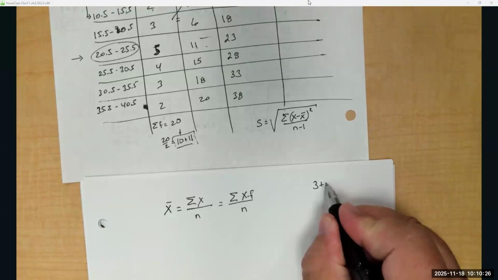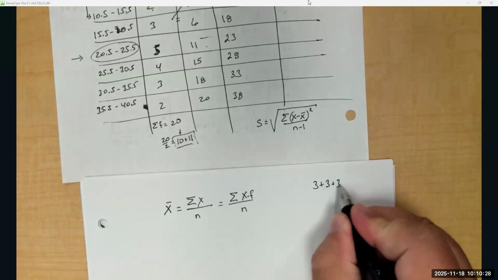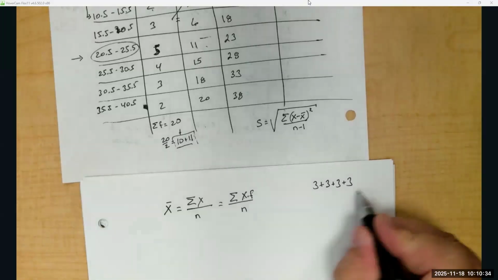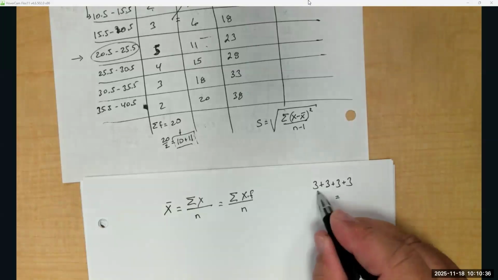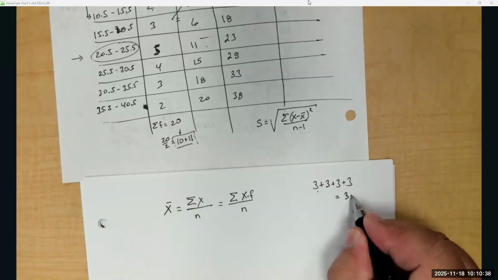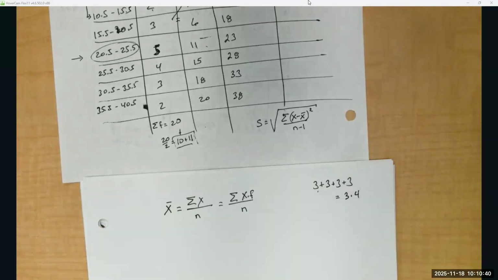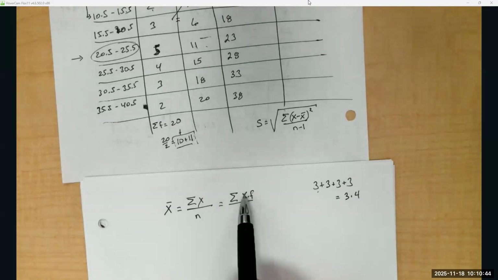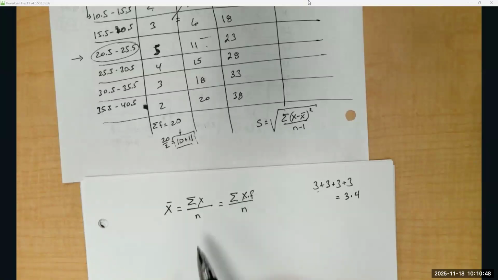Because if, let's say we had 4 3s and we're going to add them together, the basic rule of multiplication says, since we have 4 of the same numbers, we could just multiply 4 times 3. So instead of adding up all these x's that are the same x, we multiply how many there are.